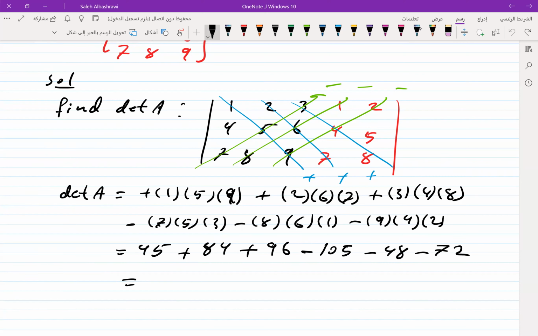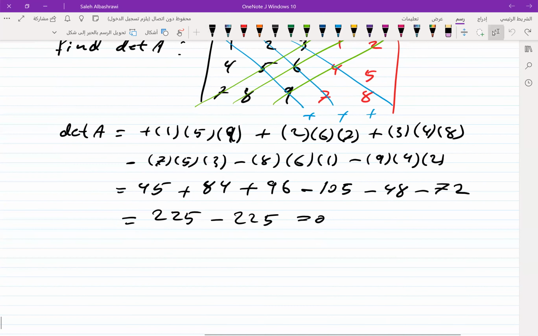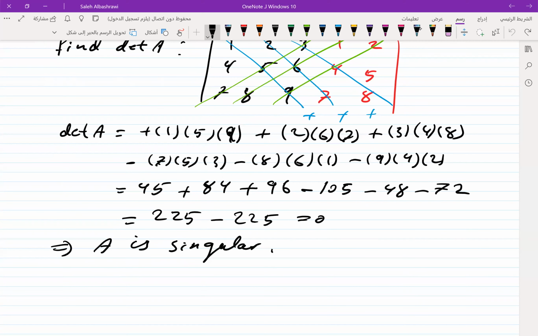Add everything together: this will be 225 minus 225, which is equal to 0. Since the determinant equals 0, this means that A is singular. It means it has no inverse. So this matrix has no inverse.